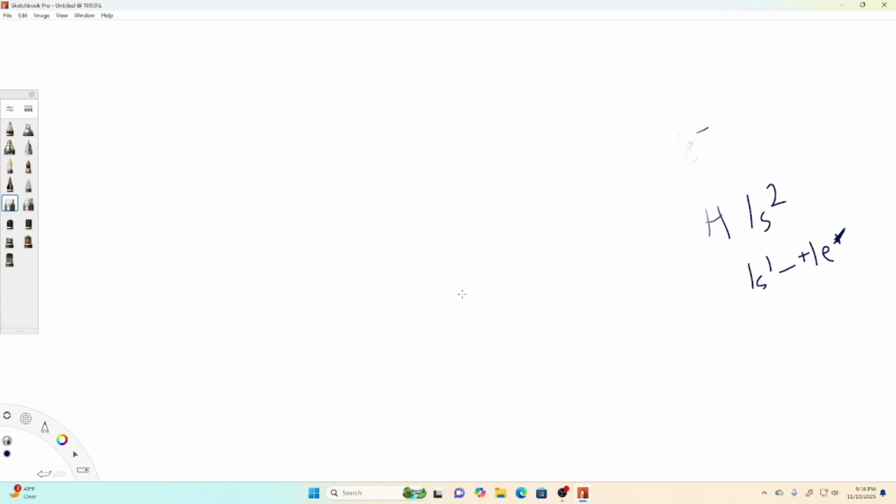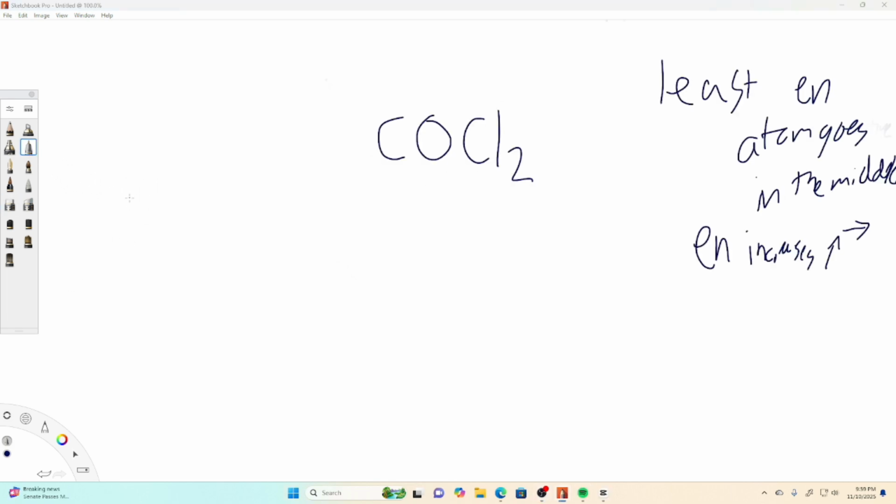Now, let's move on to a more complex molecule. Alright, now let's look at a molecule like COCl2. So this molecule looks scary to draw out because there are a ton of different atoms in here that you're going to have to approach and solve.